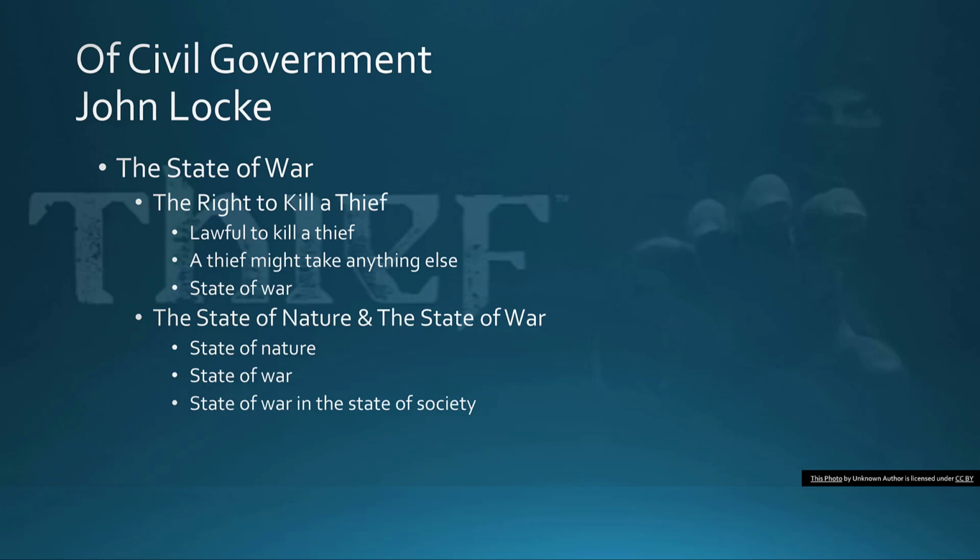So he thinks this provides a right to kill the thief if one can, creates a state of war. And so the person who introduces this state of war by attempting to rob somebody exposes themselves to the hazard of being killed. Now, Locke doesn't think you have to kill a thief, but he believes that if someone attempts to rob you, and thus creating a threat against you, you would have the moral right to kill them if you can.